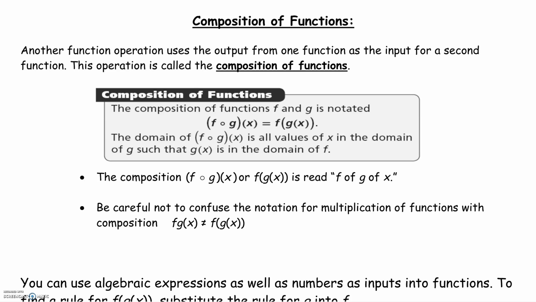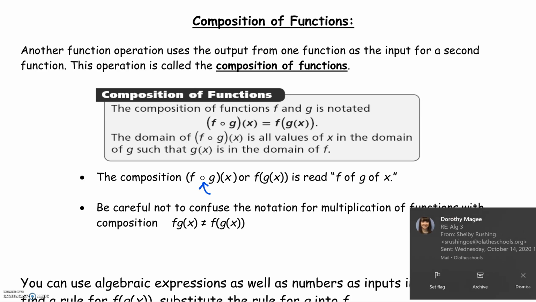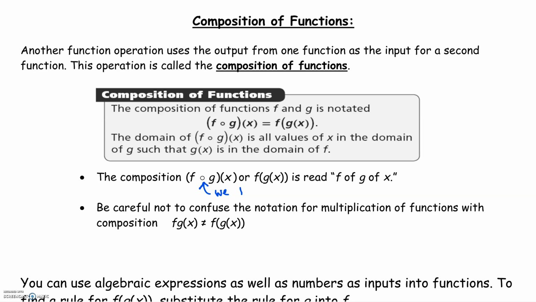So composition, we have an open circle, and that's read f of g of x. So it's like, hey, let's use this f function. Let's plug in g and see what we get.